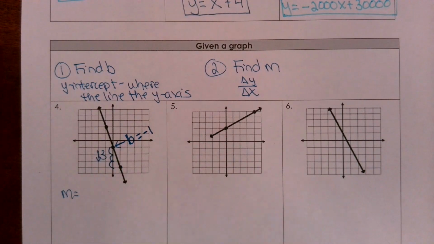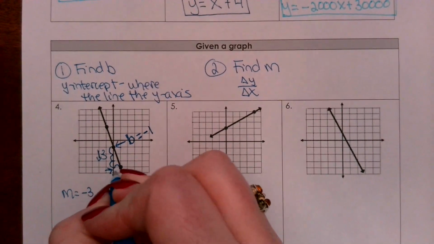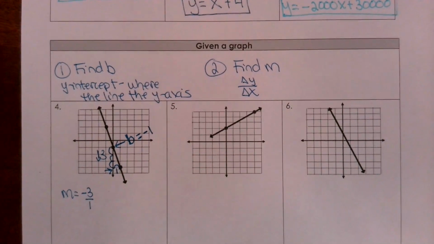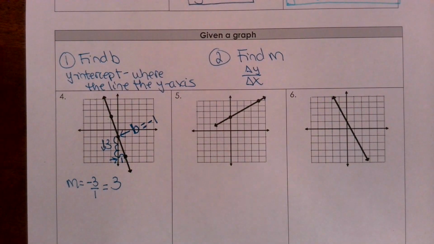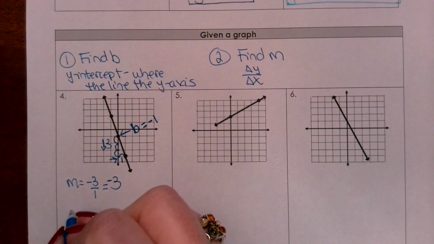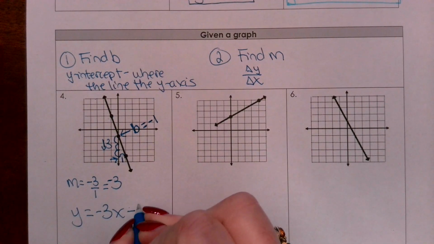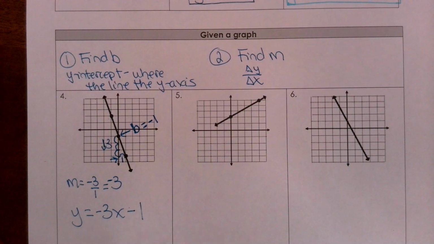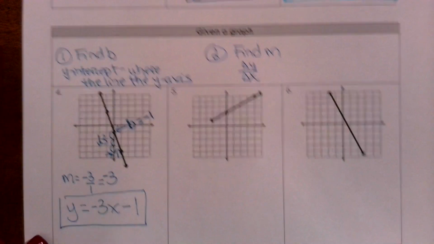Down 3, which I know is going to be negative. And then I go right 1, which will be positive. If I simplify that, my slope equals negative 3, because negative 3 divided by 1 is negative 3. So now I have my b, I have my m, so y equals negative 3x minus 1, because my b is a negative. I've got the equation of this line.